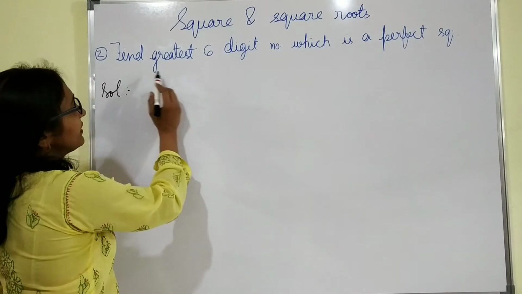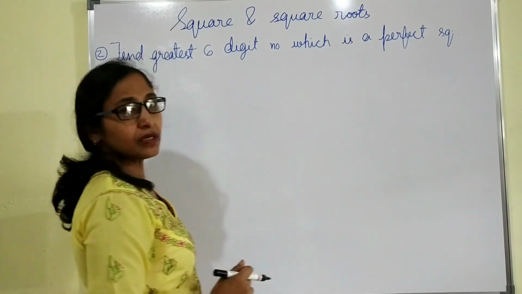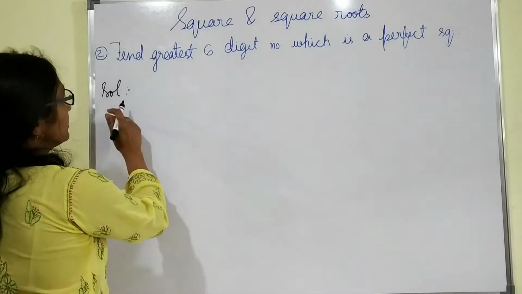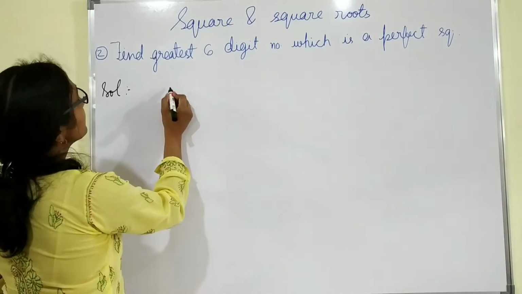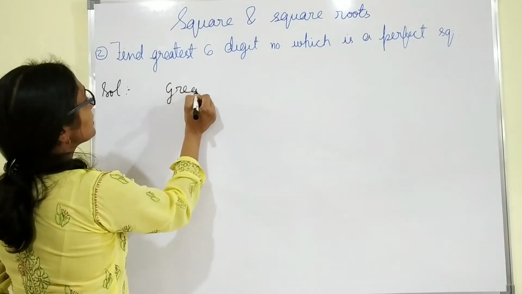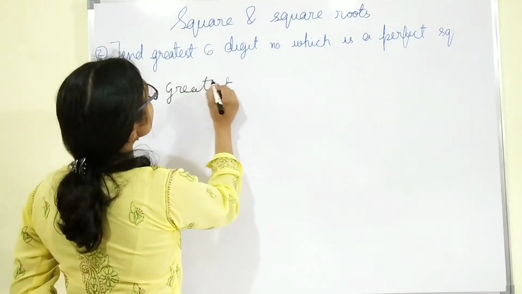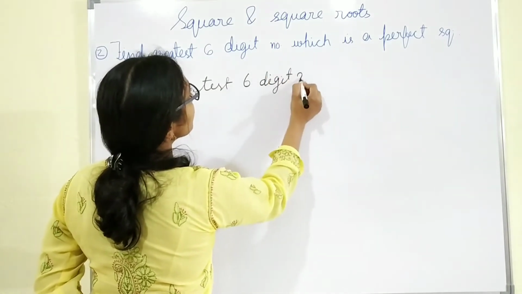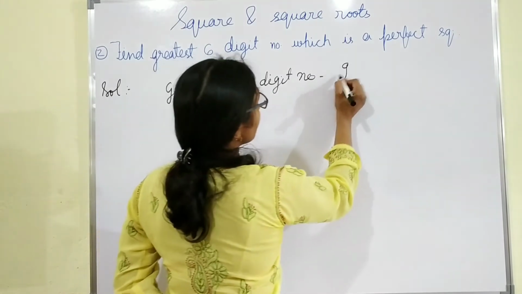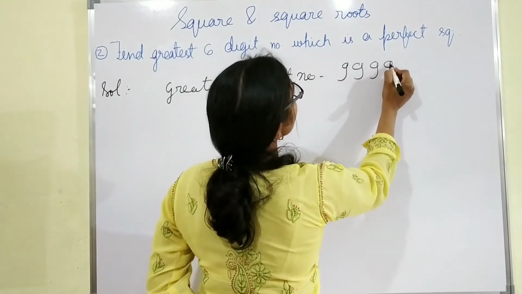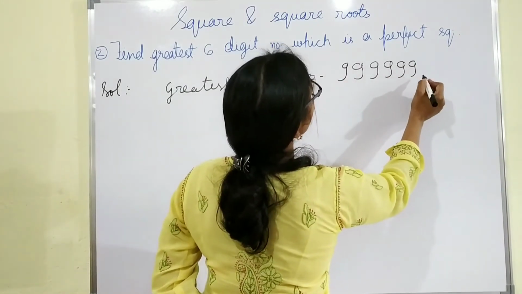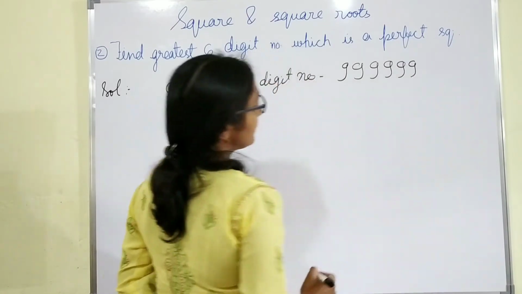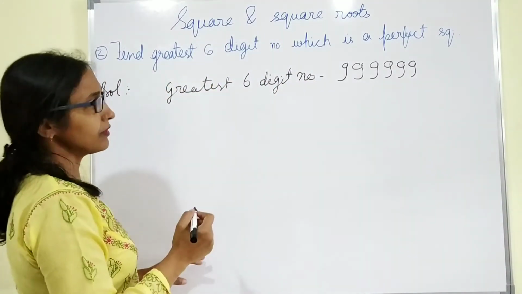Next question is to find the greatest 6-digit number which is a perfect square. So, solution. The greatest 6-digit number is 999,999.